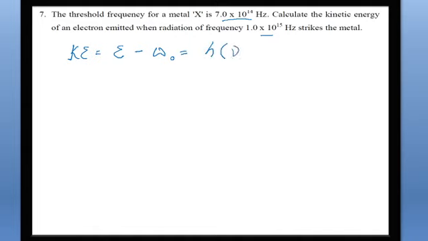If you take h common, you have h into nu minus nu naught.